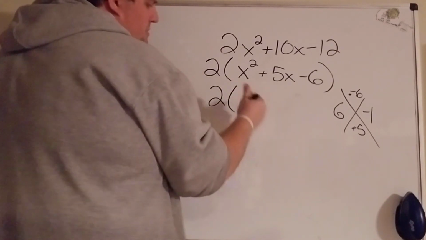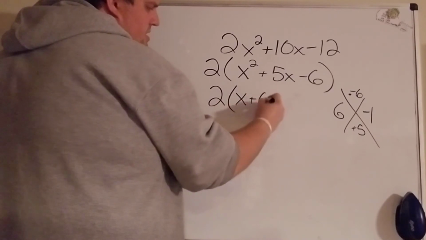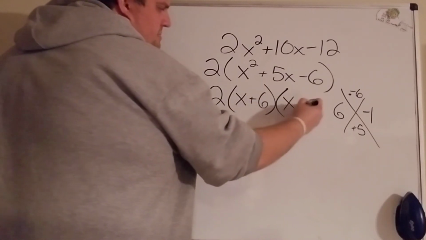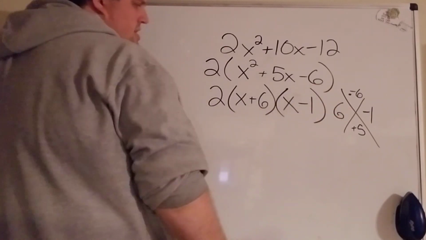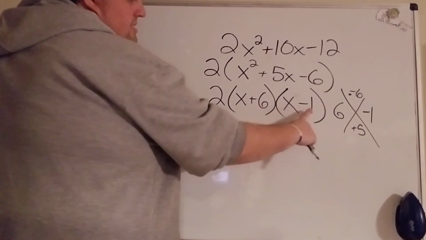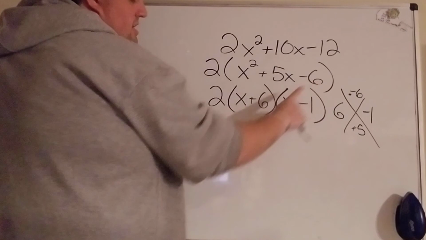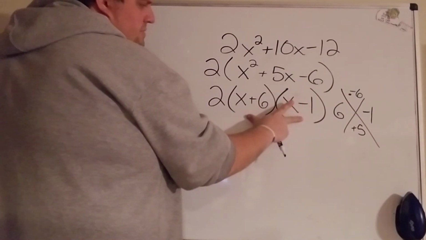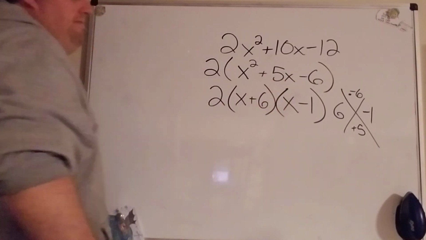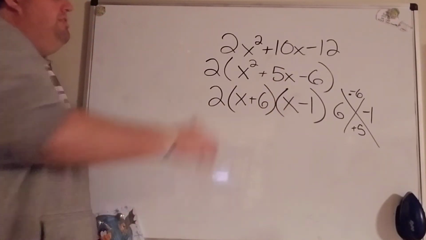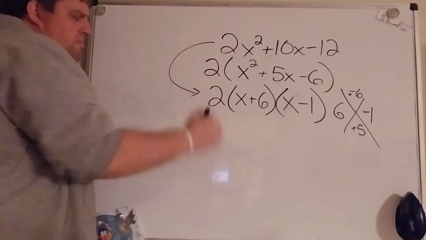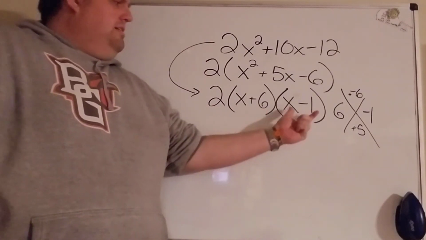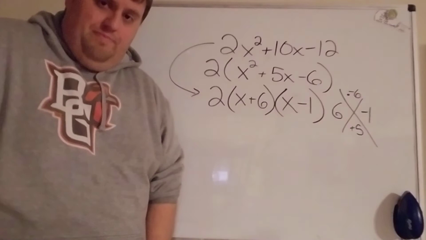So I know that one of my factors is going to be positive 6. The other one is going to be negative 1. Because 6 times negative 1 is negative 6. But if I look at my middle terms, 6x and negative 1x would add to give me 5x. So the factored form is going to look like this. 2 out in front times x plus 6 times x minus 1.